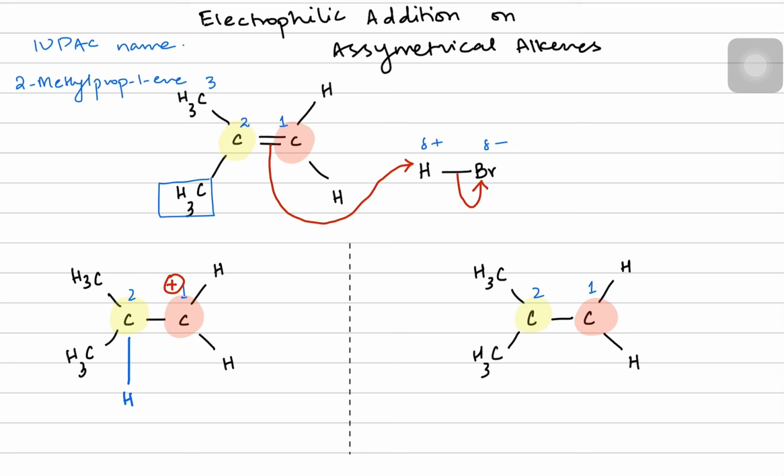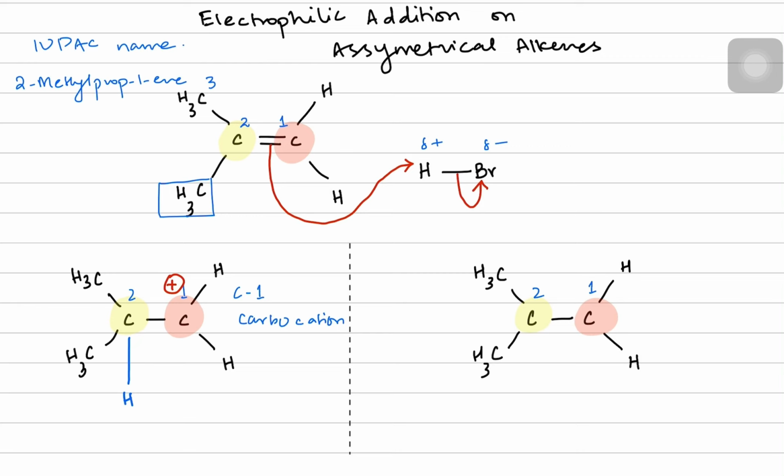The electron pair was shared between yellow and red, but now the yellow one is making a bond with the hydrogen using the electron of the red carbon. So carbon 1, the red carbon, has lost its electron and now it has none. So it becomes a positively charged carbon. We call it a carbocation. So let's label it carbon 1 carbocation.